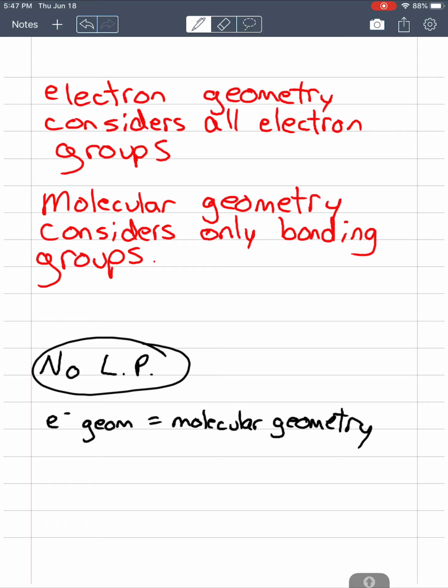All right, so let's do another one. So basically what we're doing is we're looking at things right now that have 4 electron groups. And then we're going to look at things that have 1 lone pair and 2 lone pairs. This is tetrahedral.